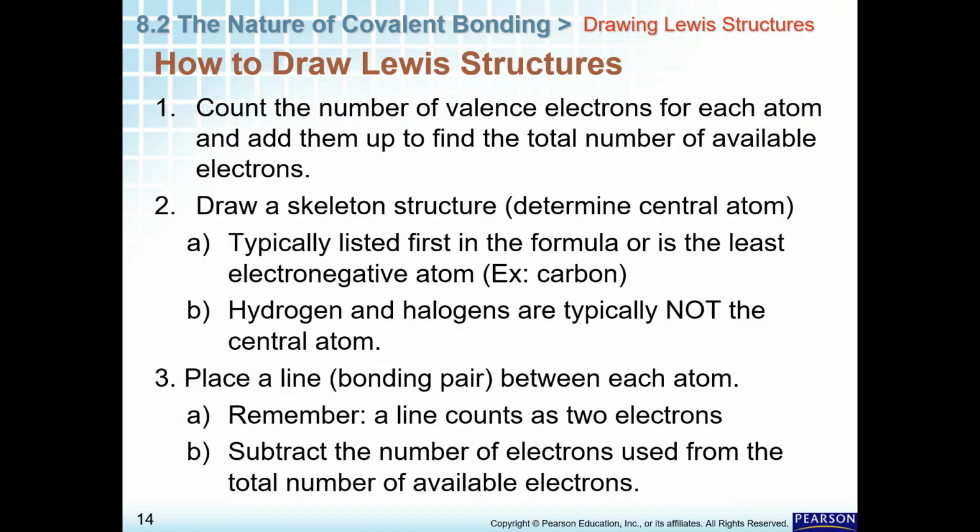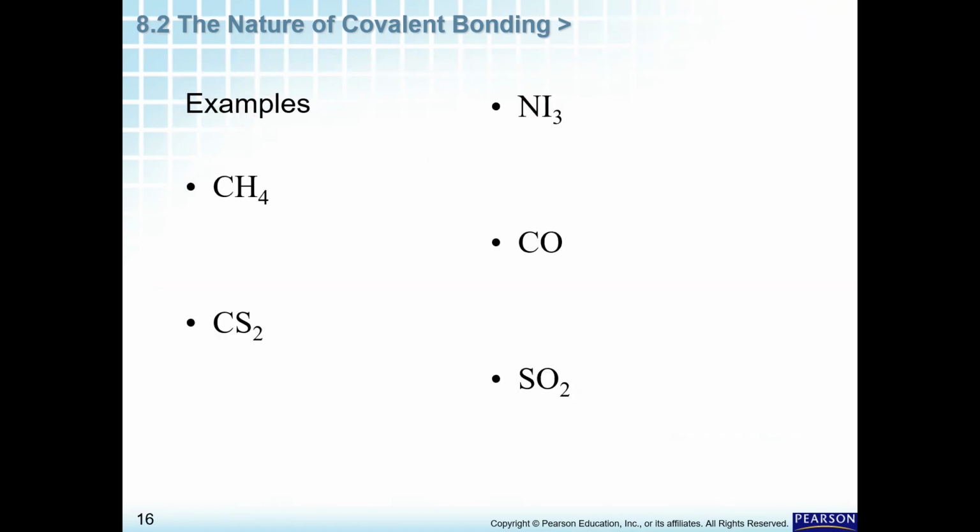So we're going to go down here and look at example number 1 and add up how many electrons we are allowed to have for each of these. Carbon can donate 4 valence electrons. Hydrogen can donate 1 valence electron, but I have 4 of them based on my formula. So here I get 4 plus 4. I have 8 electrons total that I'm allowed to work with.